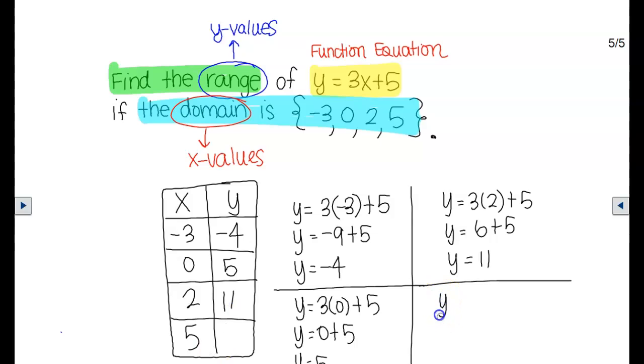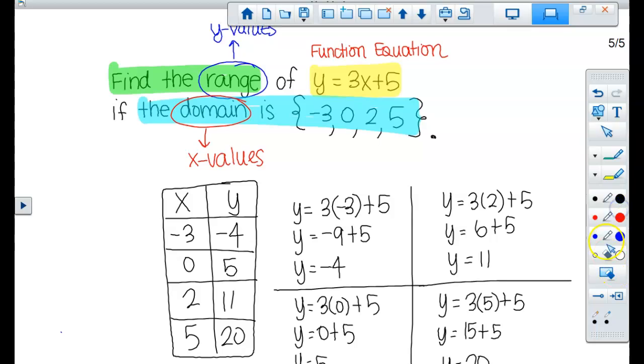And then we'll finish off by plugging in 5 for x. So 3 times 5 plus 5. First we'll do 3 times 5 and get 15. And then 15 plus 5 is 20. Now notice on this one I don't have to graph, but I do need to answer the question.